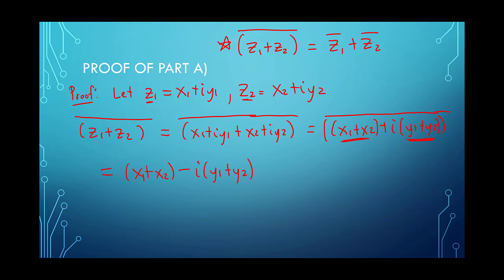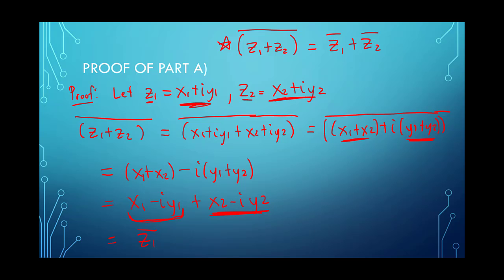Now let's simplify this a little bit. I'm going to go ahead and redistribute i and group together terms. So this will become x1 minus iy1 plus x2 minus iy2. And notice, what is this quantity right here? This is the complex conjugate of z1. So this equals z1 bar. And similarly, hopefully you guys recognize the second quantity here.